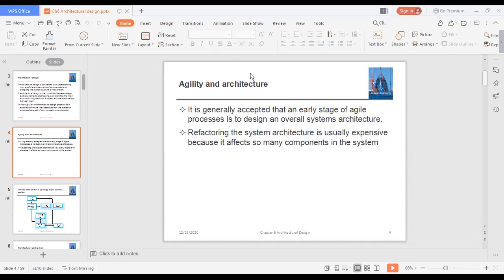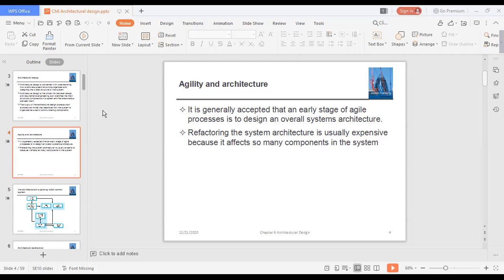So this is the room or the hall of around 20 by 20. So this is the design. And what is refactoring? In refactoring, we improve the design, we change the design. So there should be the flexibility to be changed.